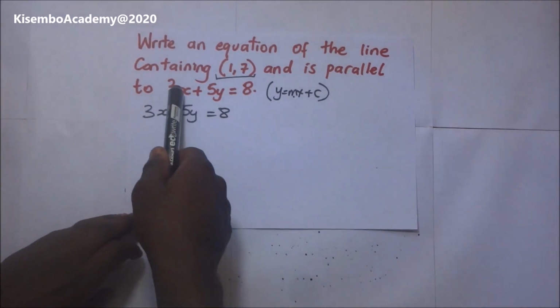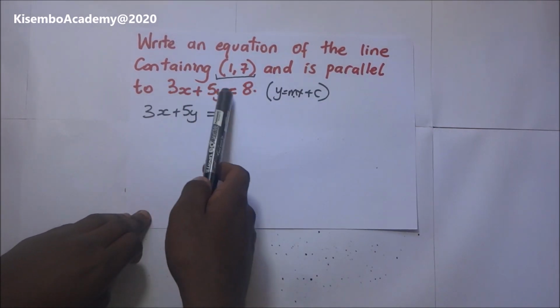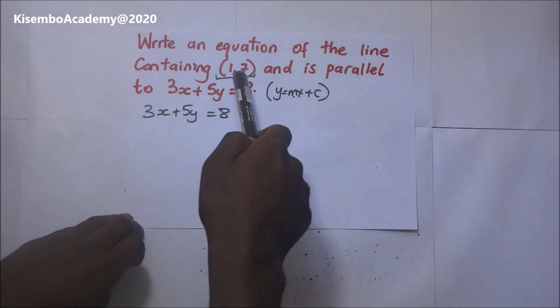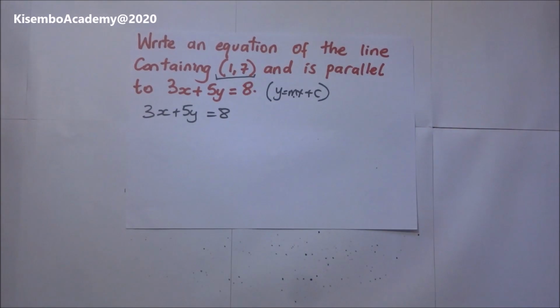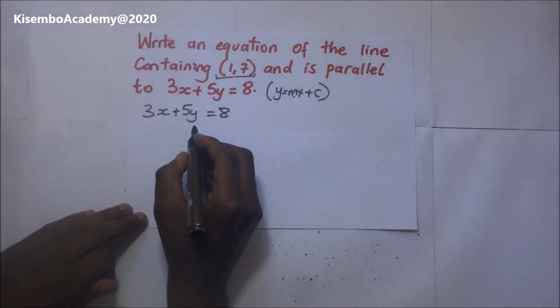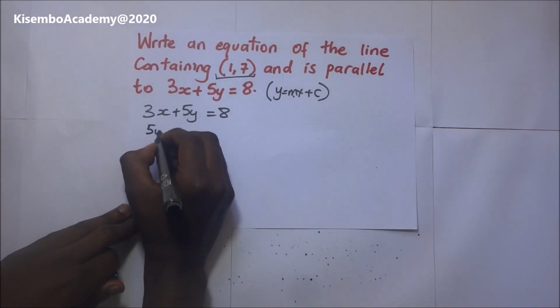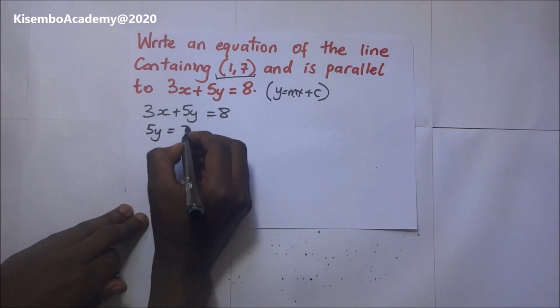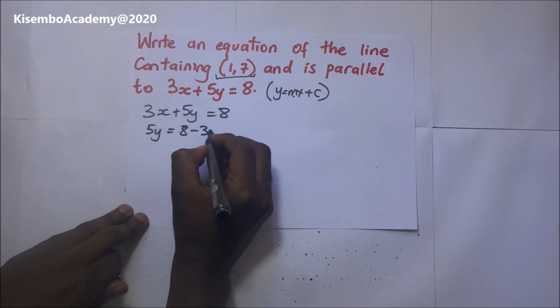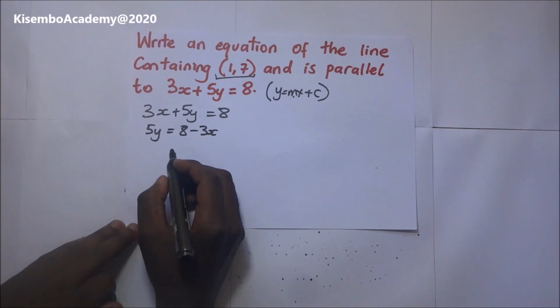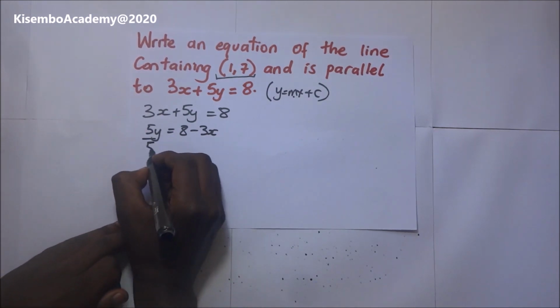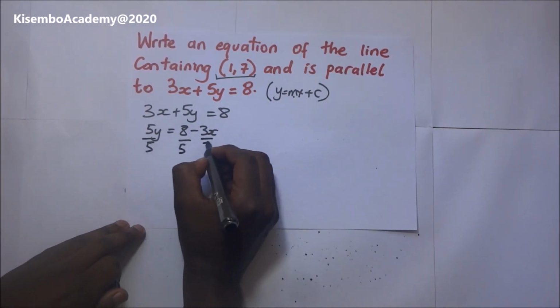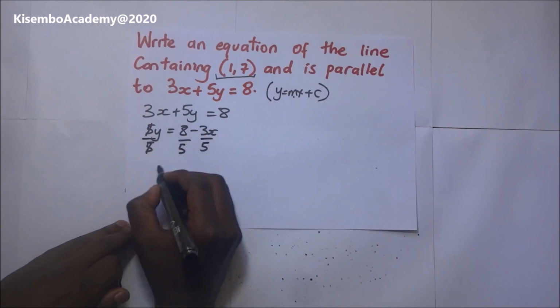Because when we know the gradient of this line, then we can tell the gradient of the other line whose equation we are looking for. So this is going to become 5y is equal to 8 minus 3x. And when we divide through by 5, we remain with y here.